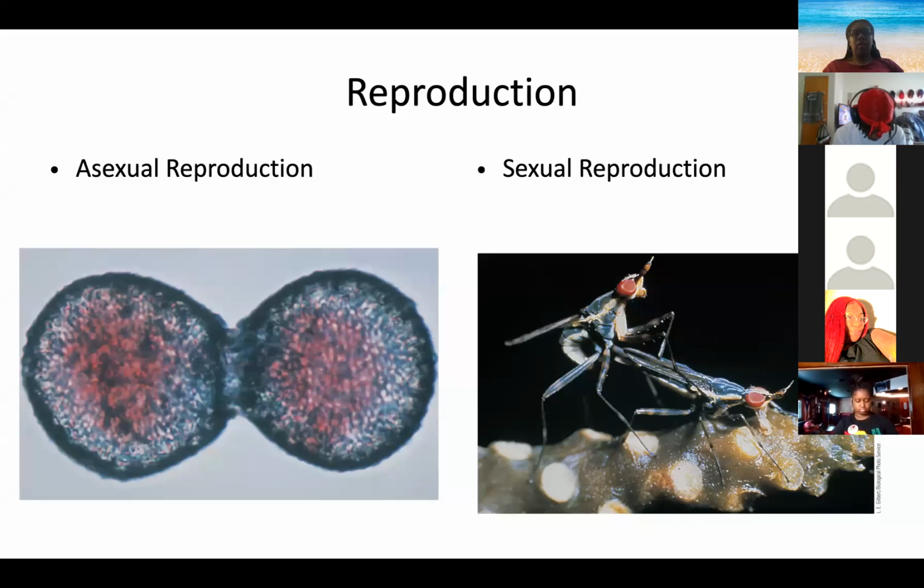Individuals that are reproduced by way of asexual reproduction are basically going to be identical to the parent. So we sometimes refer to this process as cloning. Whereas individuals that are created by sexual reproduction from two parents, that offspring is not going to be identical to one or the other, but it's going to basically be a mixture of both parents.